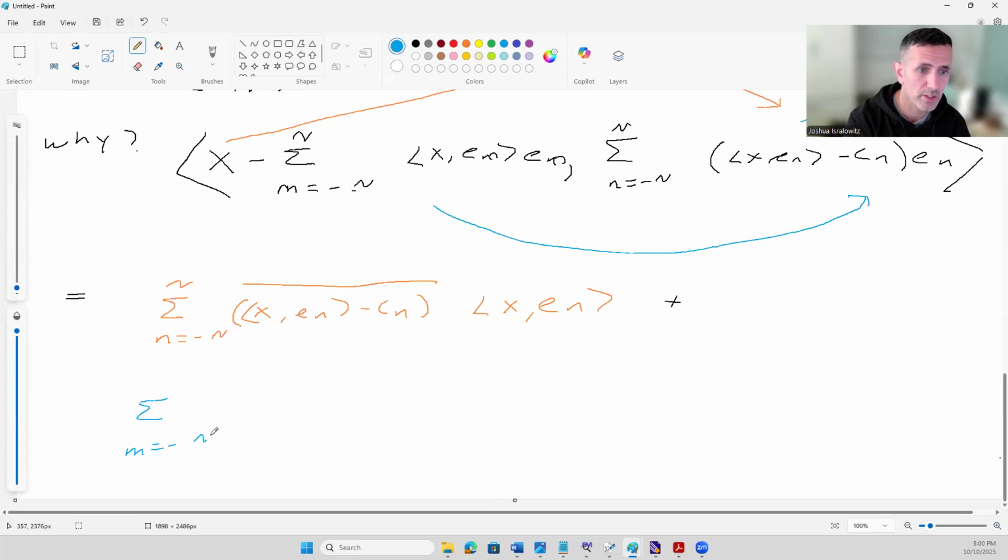M equals minus N, N equals minus N. So again, we have this pulled out complex conjugate, because it's on the right. But otherwise it's x e_m.